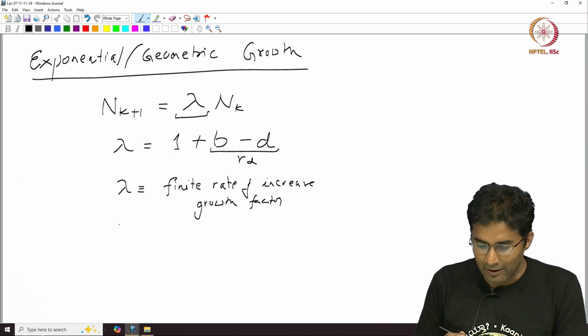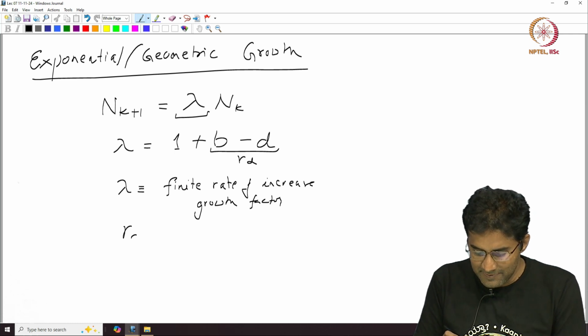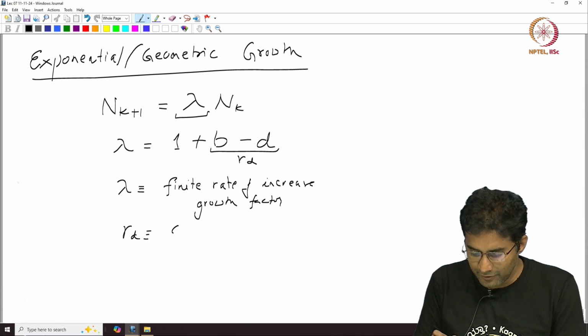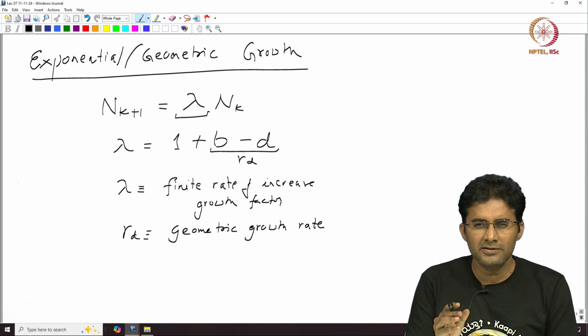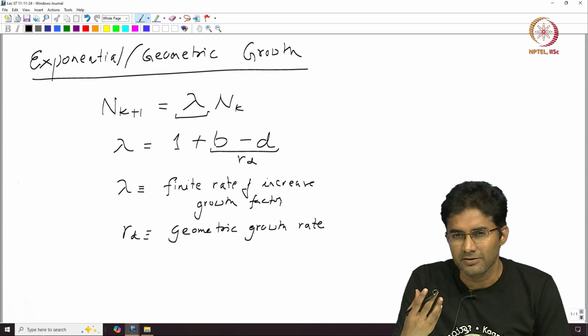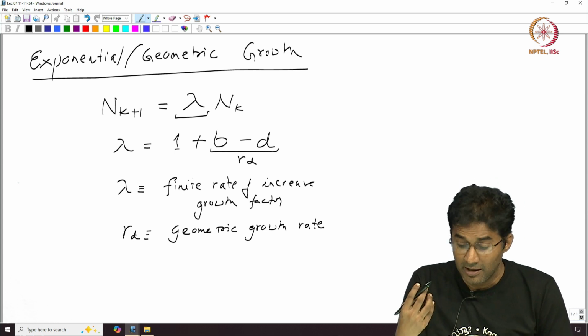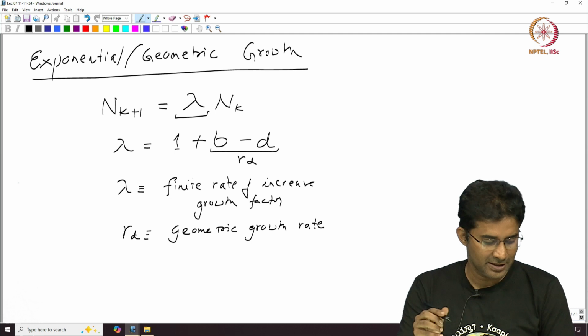And Rd is basically the geometric growth rate, in some sense a measure of fitness per generation. It is the growth rate in the unit of generations, right.